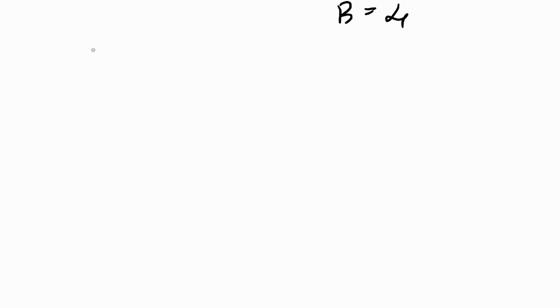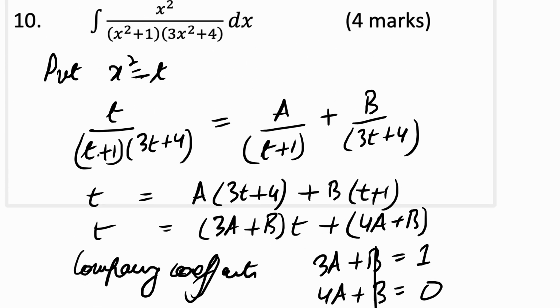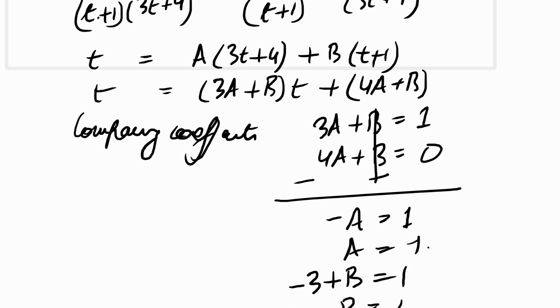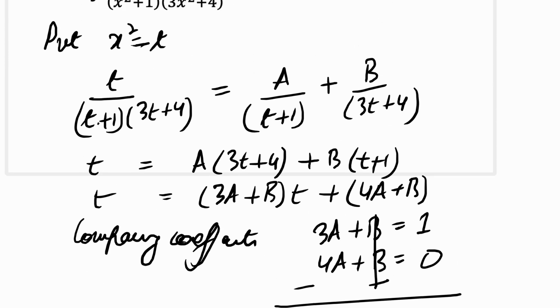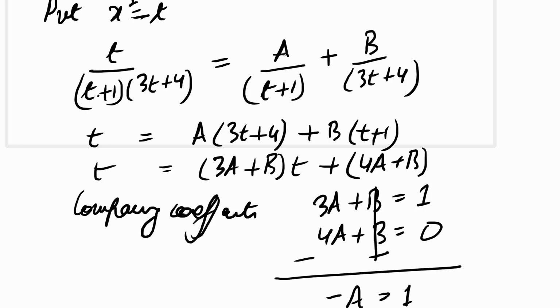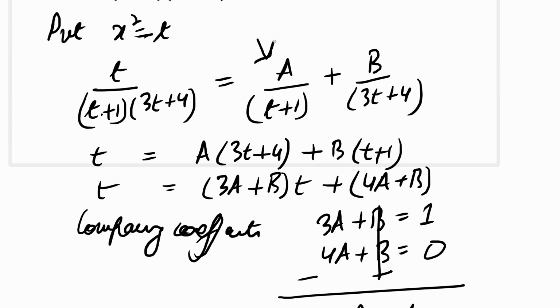Now when we will solve it, we will get I is equal to a upon t plus 1, a is minus 1, so minus 1 upon t plus 1, and b upon 3t plus 4, b is 4. Okay, and t is what? x square.